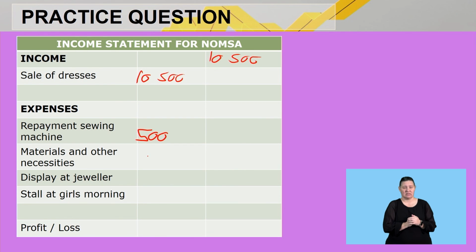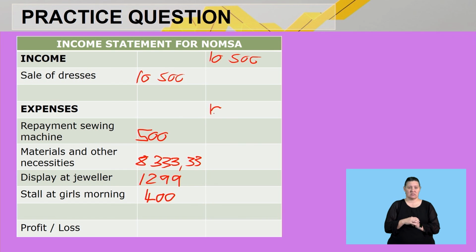Materials and other necessities is now 8,333 Rand 33. Display at the jeweler is still 1,299 Rand, and the stall at the Girls' Morning is 400 Rand.